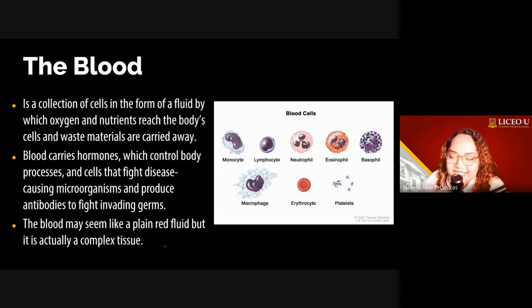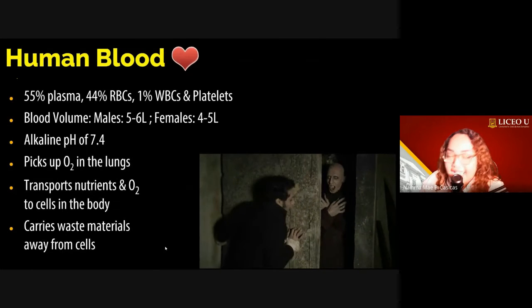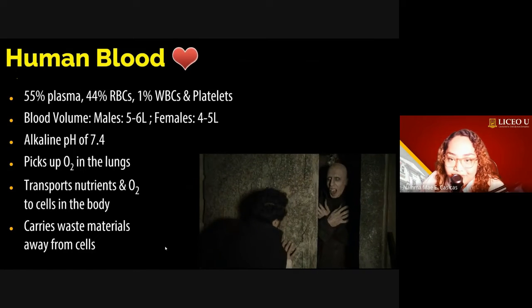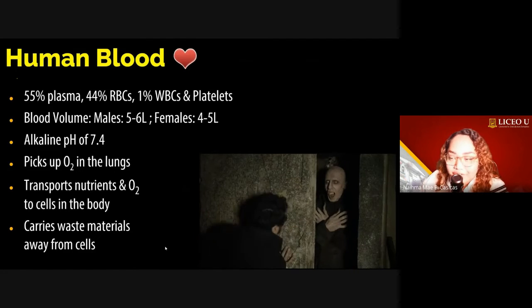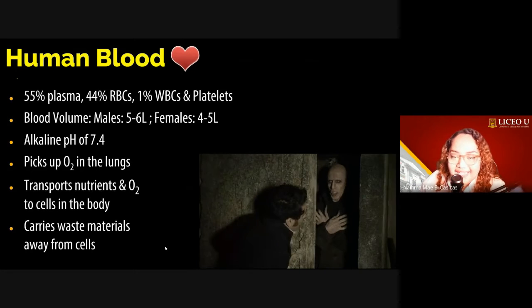So your blood has multiple cells in it. You have your blood cells like your monocytes, lymphocytes, and so on. But basically, there are two general types: your erythrocytes and leukocytes. Your human blood is composed of 55% plasma, 44% red blood cells, 1% white blood cells, and then platelets.